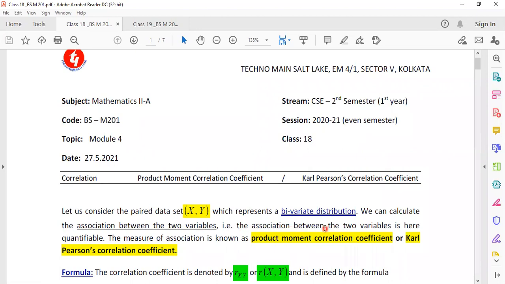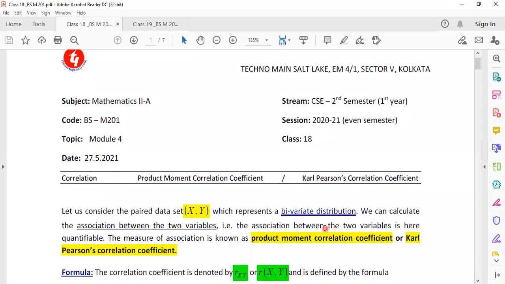Now, say for example, if we wish, we can associate two different things. These things may be dissimilar things, but we can try to associate them.